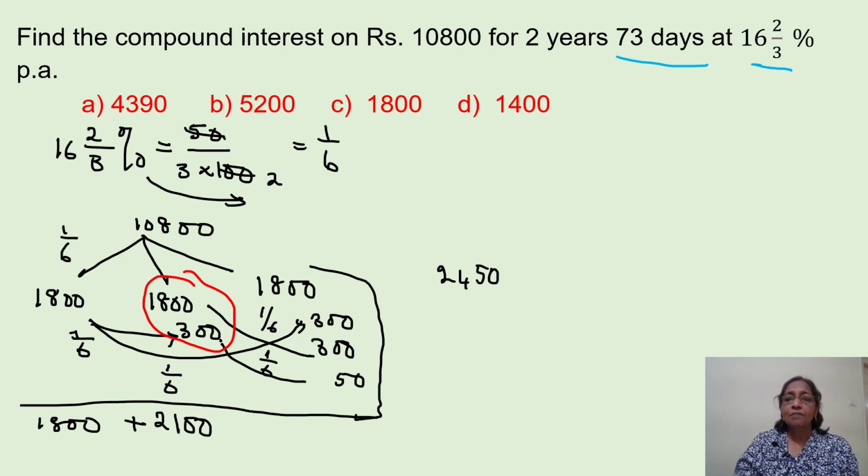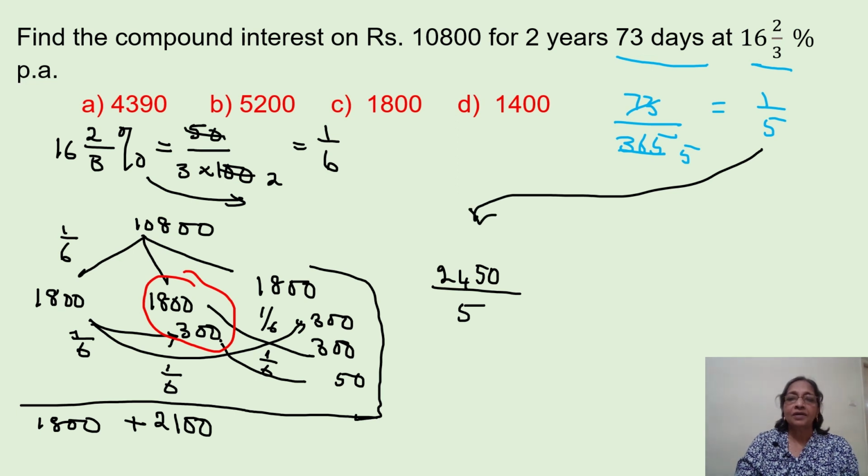Let's convert the number of days to years. So we have 73 days divided by 365. This goes directly 5 times. So 2450 divided by 5, which comes from here. This is 490. So add my third year's interest.